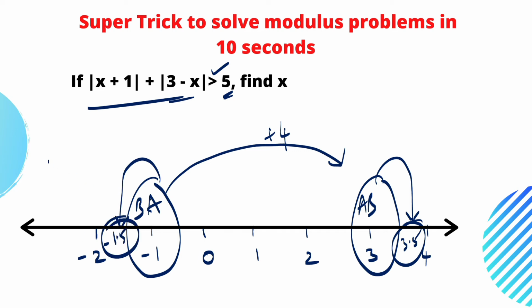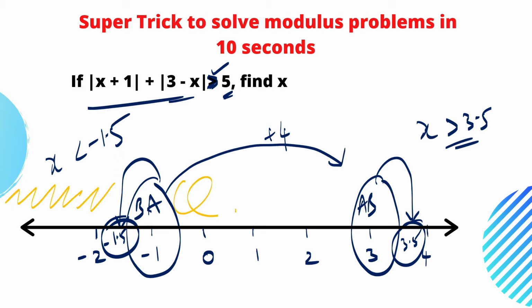So here x is less than minus 1.5, whereas in this case x is greater than 3.5, because here we have a greater than inequality, right? So what must be our range? Our range must be this, not the interior part, the exterior one.